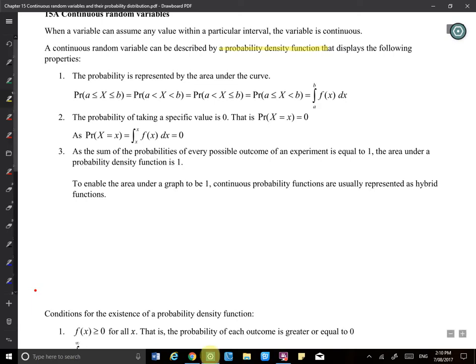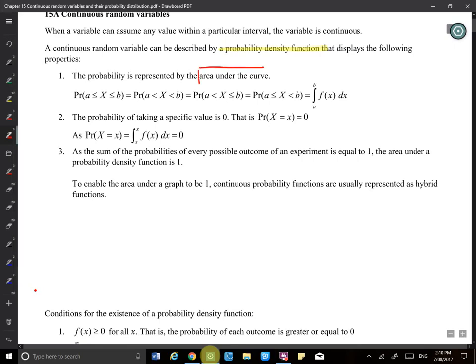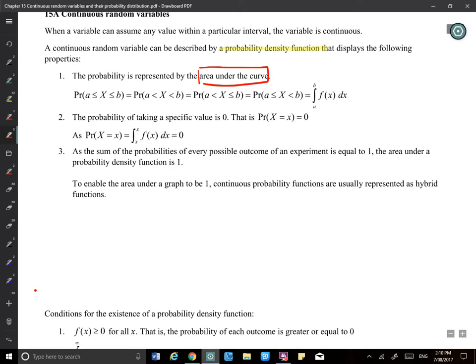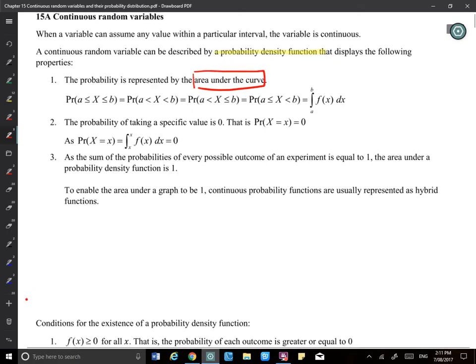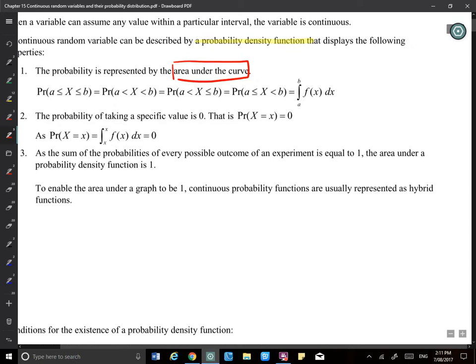The first condition is that the area under the curve is the probability between two amounts. Let's say I have random variable X and density function f(x).